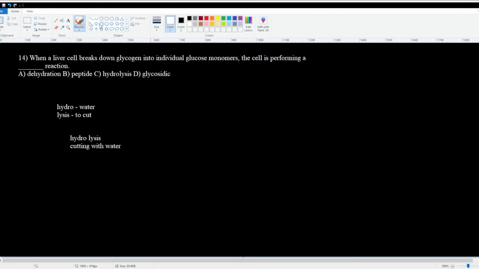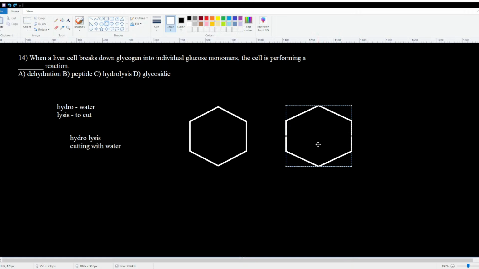So let's draw out two sugars. So imagine, okay, well, hold on. There's an O here, and then there's an OH over here.